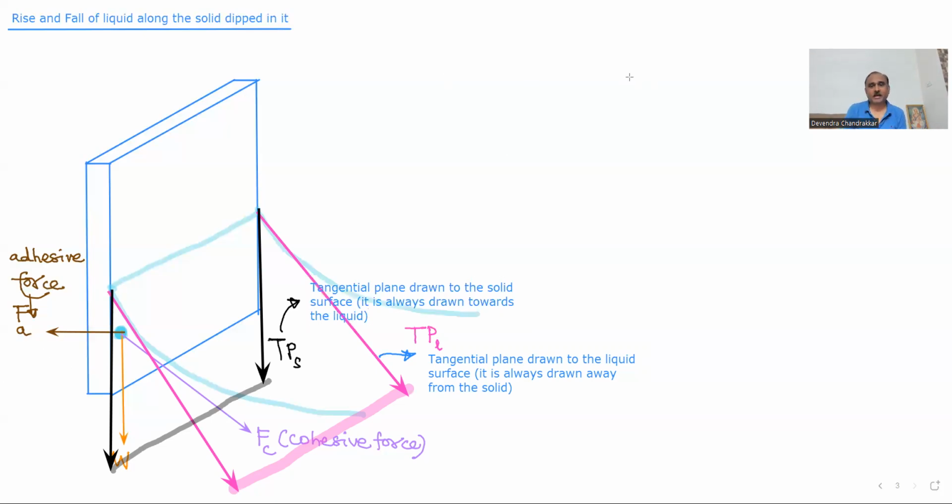Now, how many forces were acting on this water molecule? We have seen that. How many forces were acting here? 3. It was W, Fa and Fc, right? The resultant of all these forces is this force. This is the resultant of which forces? Fa plus weight plus Fc.